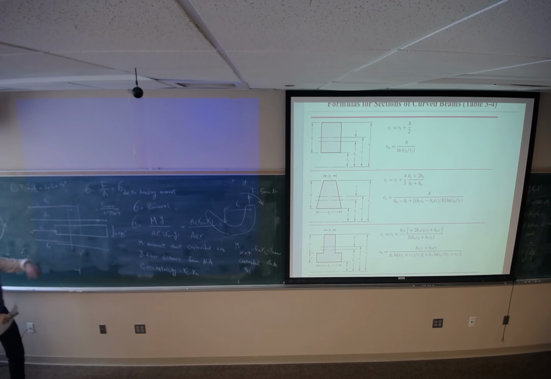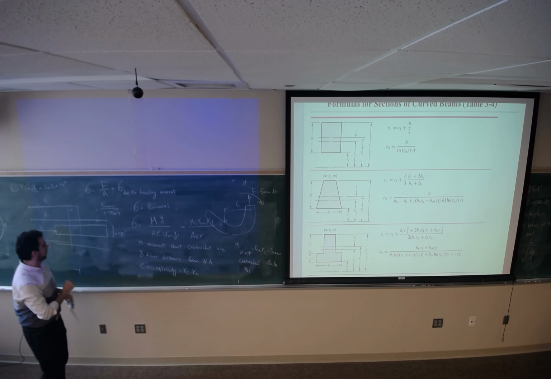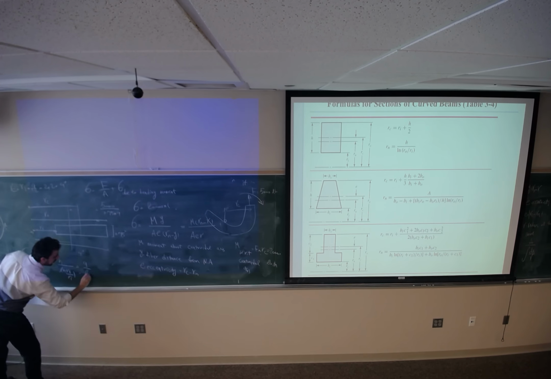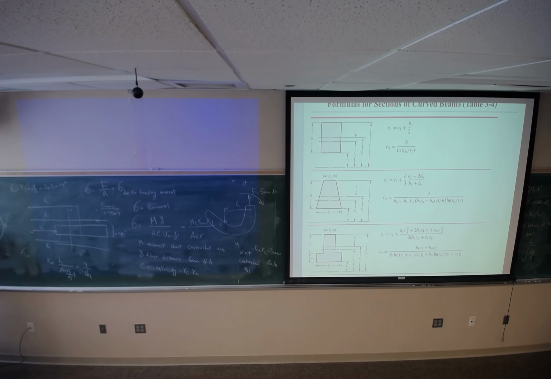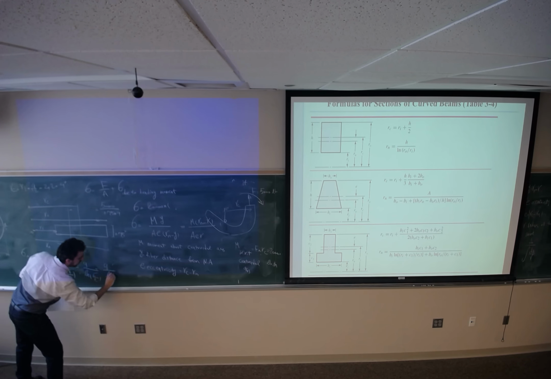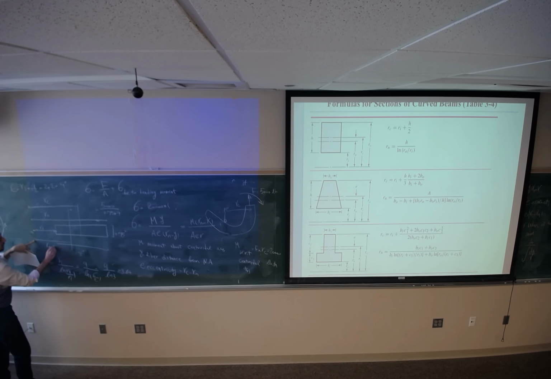For a rectangular cross section like I have right there, Rn would be h divided by ln of Ro over Ri. h is 4 divided by ln of Ro is 6, Ri is 2, so 6 divided by 2. 4 divided by ln of 3 is 3.64. So this Rn is 3.64.